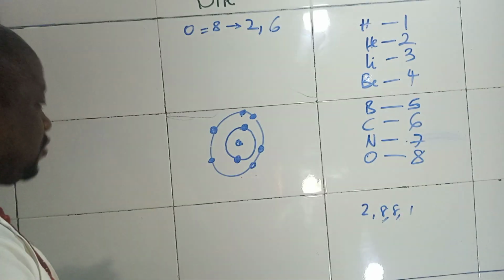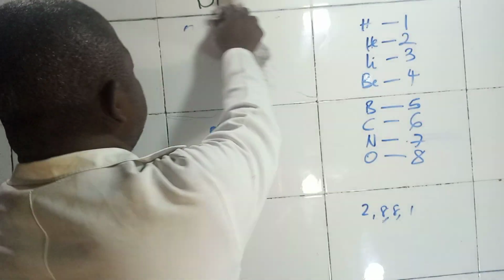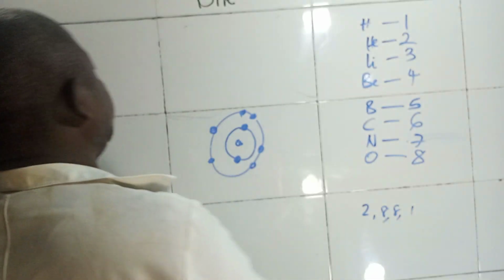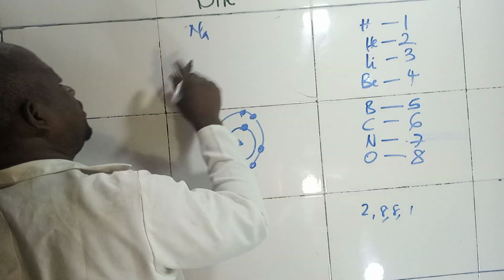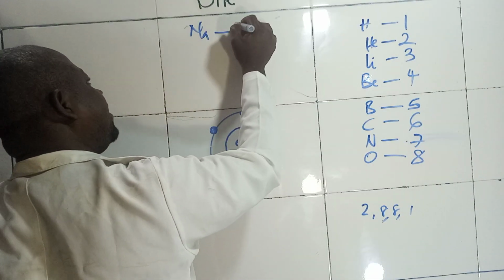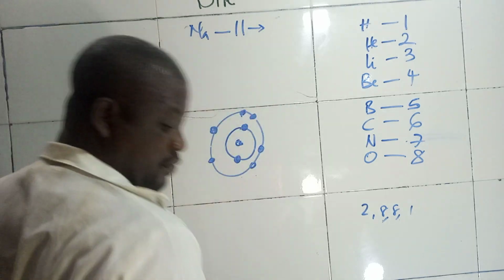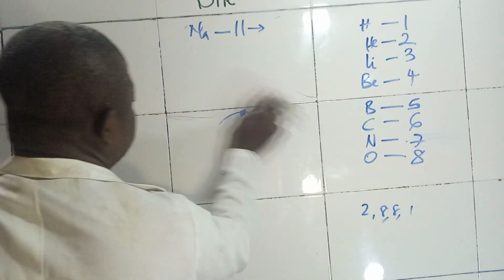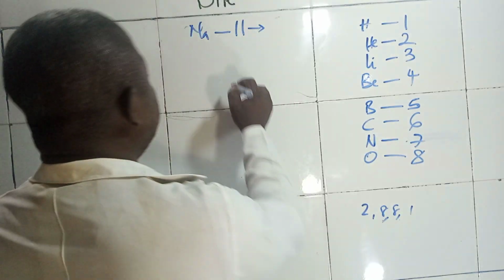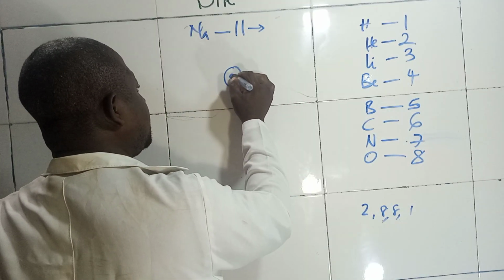The next one I would like to talk about is sodium. Sodium, Na, has 11. So break it down into electronic configuration. Don't forget your nucleus.